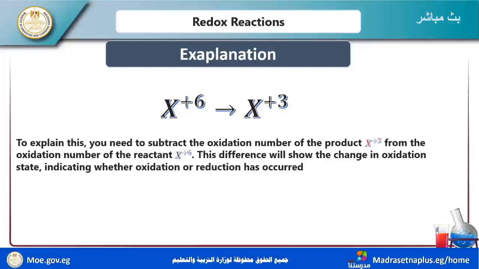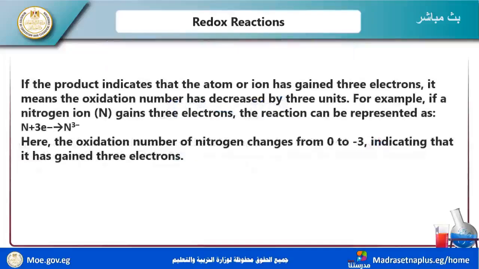You need to subtract the oxidation number of the reactants, positive 6, from the oxidation number of the product, X at positive 3. The difference shows the change in oxidation states, indicating whether oxidation or reduction has occurred. Here reduction occurred.